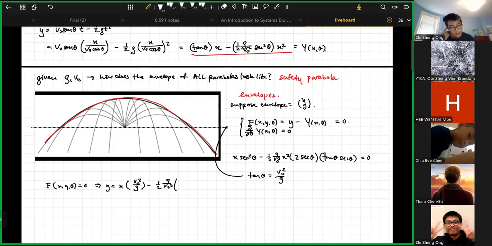So secant squared is just 1 plus tangent squared.